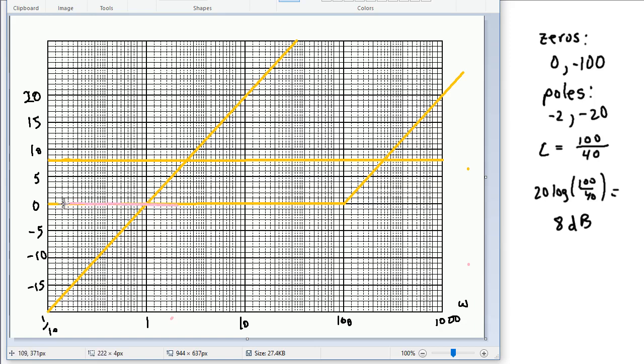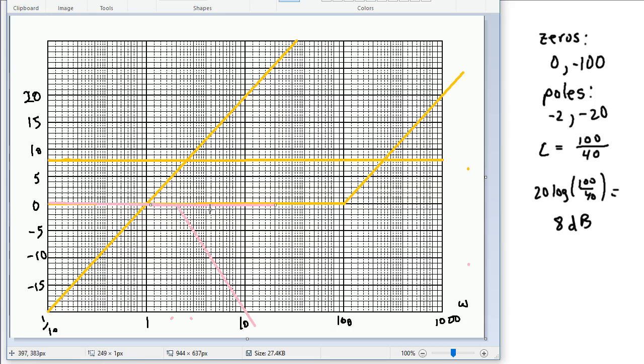I'm 0 for frequencies less than 2. Then I'm going to decrease at a rate of 20 dB per decade for frequencies above that. So at a decade above 2, I'm going to be down at minus 20, and this line would continue on forever. I've got another pole term at 20, that's going to be right here.